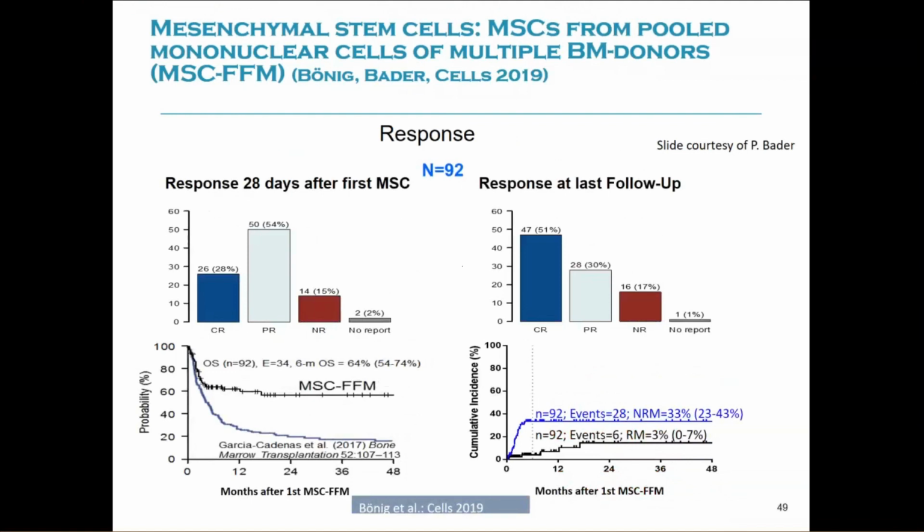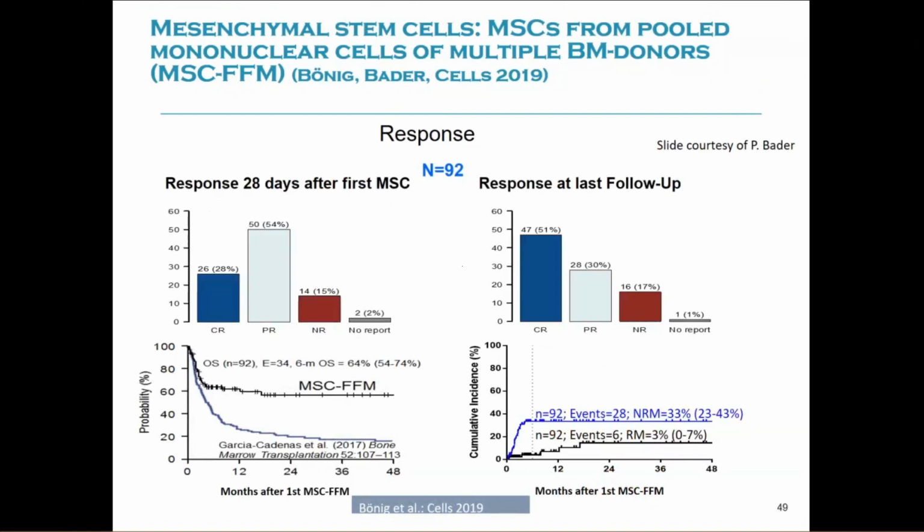While some studies regarding mesenchymal stem cells as treatment in steroid refractory acute GVHD showed no survival benefit, this may be attributable to the specific product.